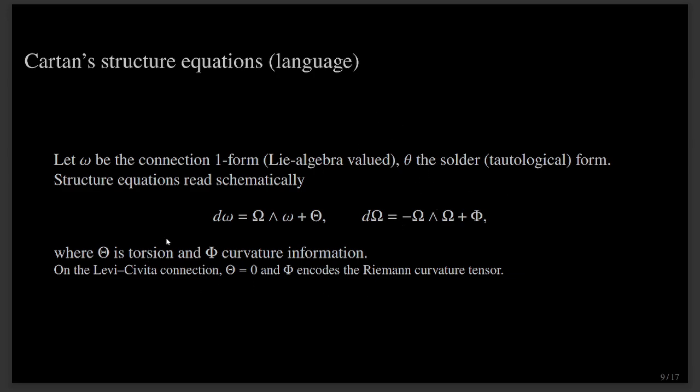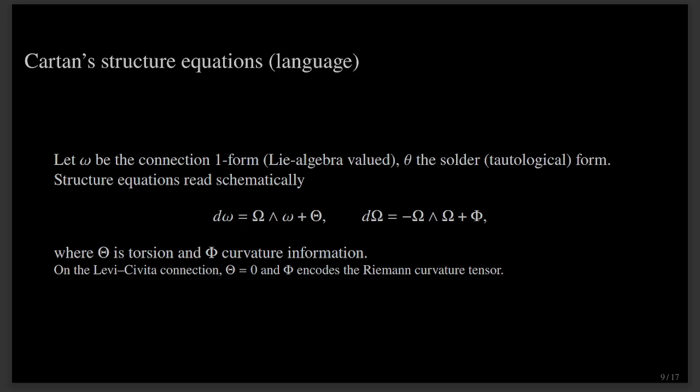The structure will read as the exterior derivative acting on the Lie algebra valued connection 1 form, which gives us omega wedge omega plus torsion, or theta. And this other structure, the exterior derivative of omega, should be minus omega wedge omega plus capital Omega, which encodes the Riemann curvature tensor.